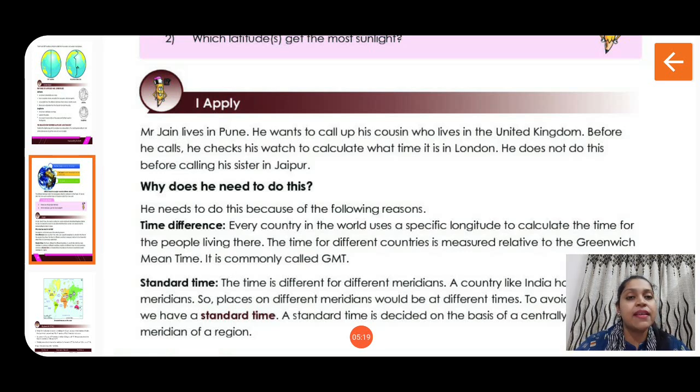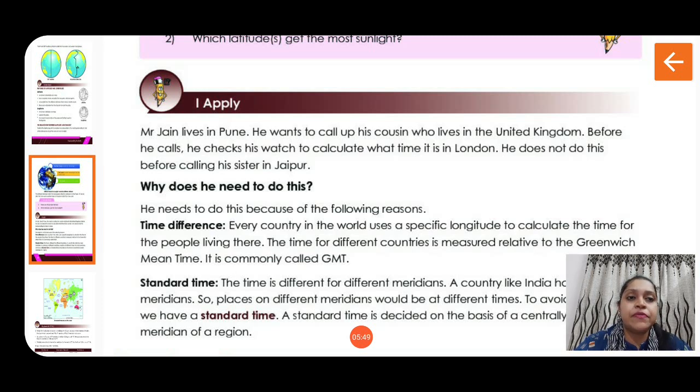India also has a longitude, and that longitude passes through Allahabad, which is in UP. So children, for every country there is a specific longitude, and the time of that particular longitude is the time of that country.